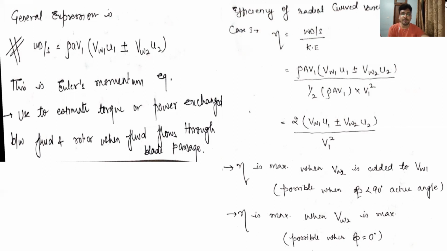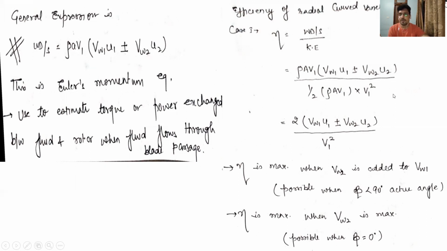Now, what will be the value of efficiency in a radial curved vane? Case one: efficiency equals work done per second divided by kinetic energy. Work done per second is rho a v1 [vw1 u1 plus minus vw2 u2].